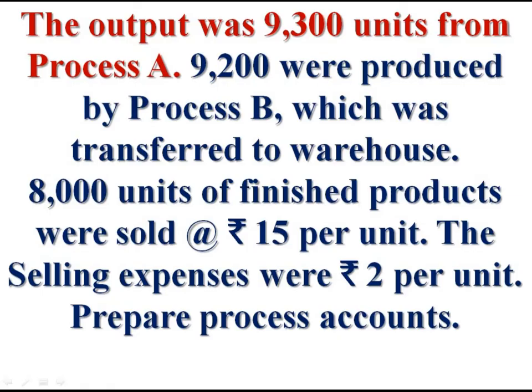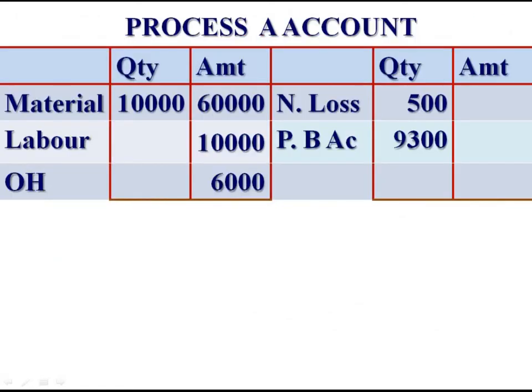The output was 9,300 units from process A. It is the output of process A to be transferred to process B, credited, process B account 9,300. Then see the total of debit side quantity 10,000 and total of credit side quantity column 500 plus 9,300, 9,800.